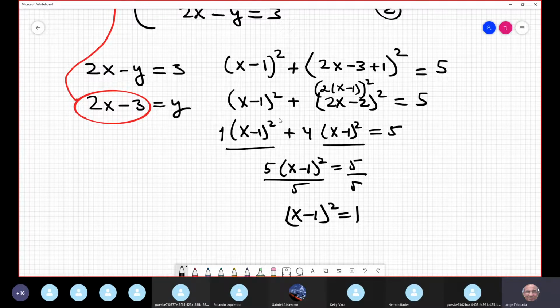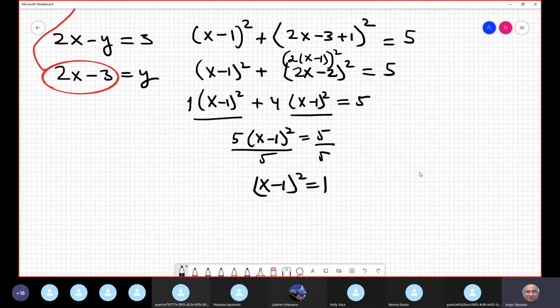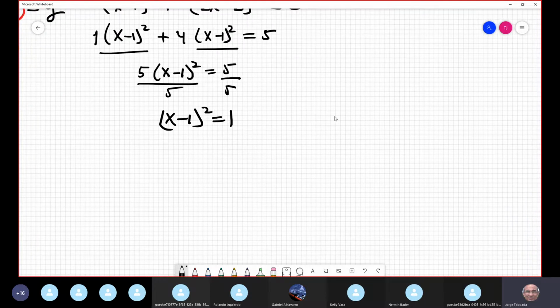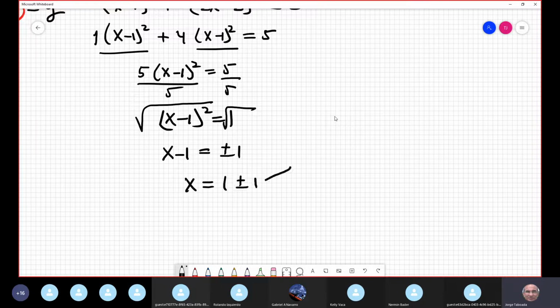Well, in this case, I take advantage of factorization, and you apply the square root to both sides. x minus 1, because you know, okay, square power and square root undo each other, and the square root of 1 is plus or minus 1. Therefore, x is equal to 1, I move this one to the other side, plus or minus 1. Plus or minus 1 is 1 plus 1 and 1 minus 1. No? The answer is 2 or 0.